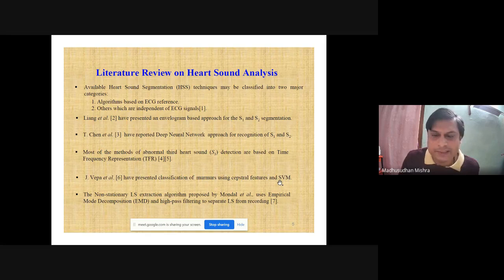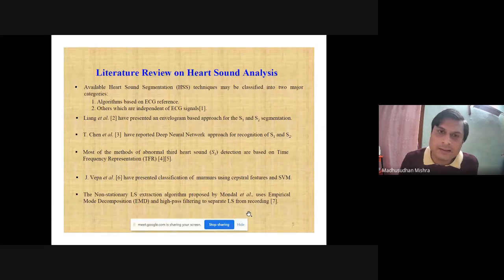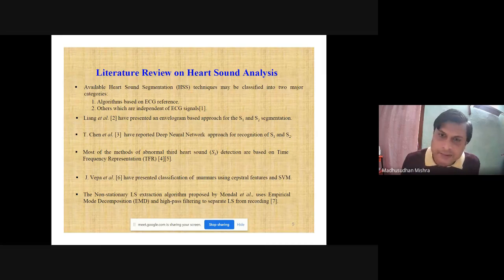So a lot of work has been done on murmur detection from the phonocardiogram signal also. And then one of the very interesting works related to heart sound analysis was done in separating heart sounds and lung sounds from the breathing signal.